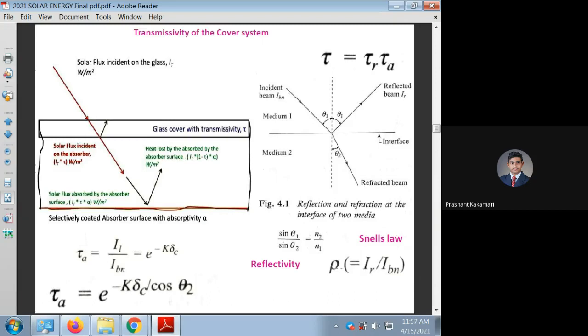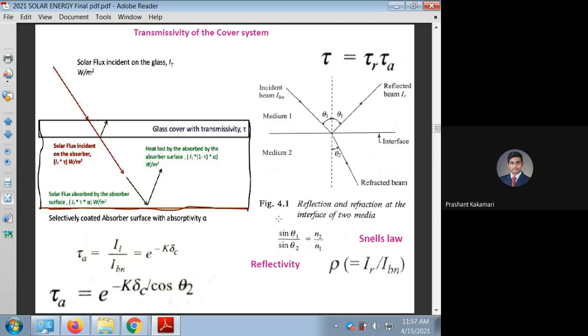That reflectivity can be written as the ratio of the reflected beam radiation to the incident beam radiation, that is IR divided by IB. This ratio will give us the total reflectivity of the given medium 2. Now coming to the other parameters.